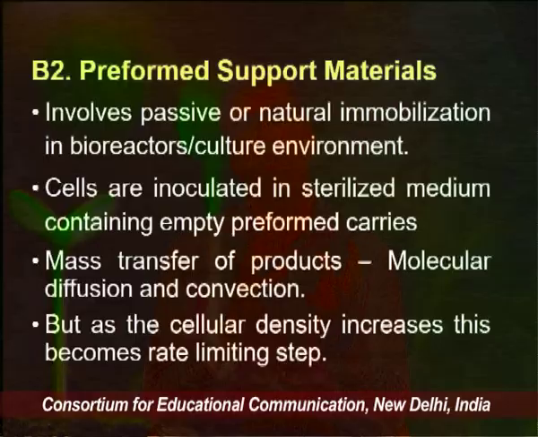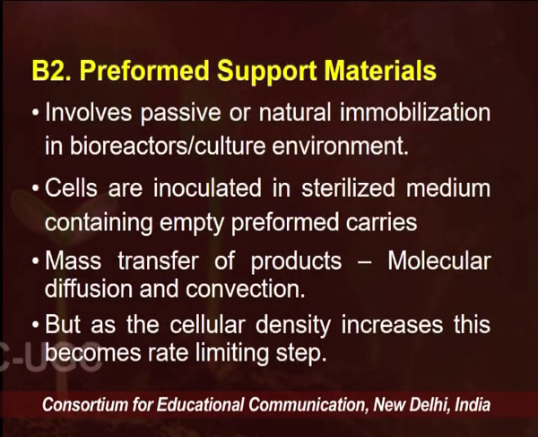In addition to the required product, various byproducts or the toxic materials that are formed because of the normal physiological function of the cells are also transported across the membrane outside the system. And this mass transfer of the products inside the membrane or outside the membrane occurs with the help of molecular diffusion or by the convection mechanism.